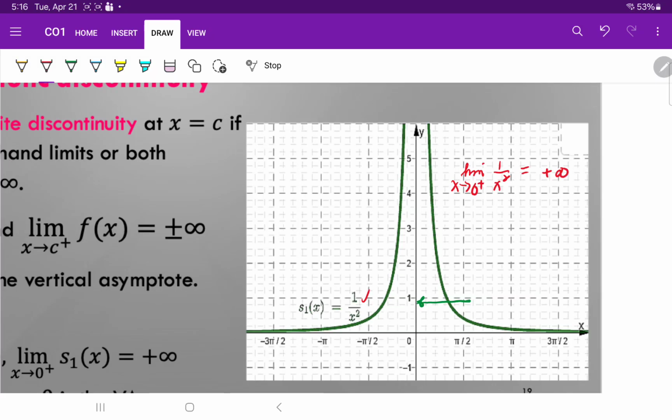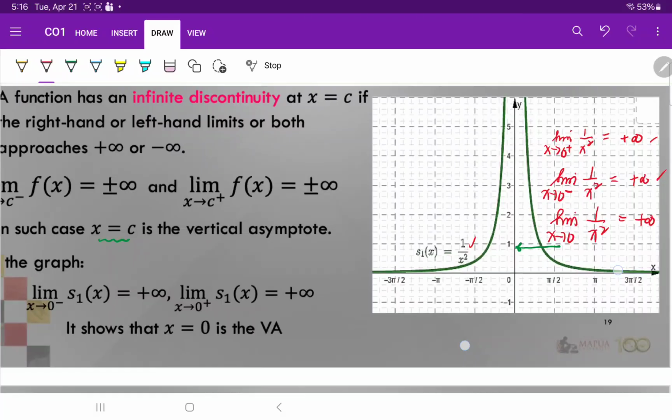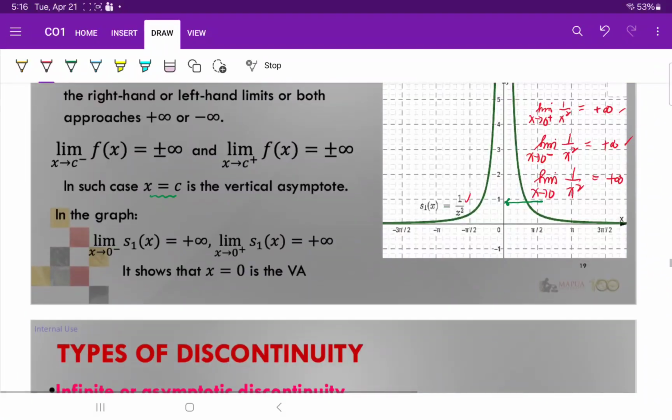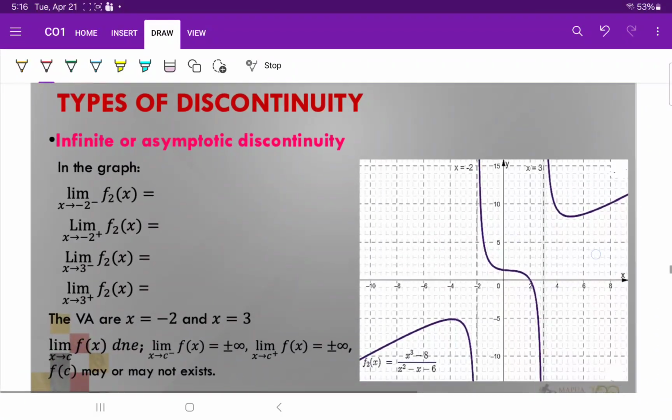It's positive infinity. And the limit of the same function, 1 over x squared, as x approaches 0 coming from the left is what? Also positive infinity. So the two-sided limit, as x approaches 0, is what? Since both are positive, it's positive infinity. And we call this infinite discontinuity.